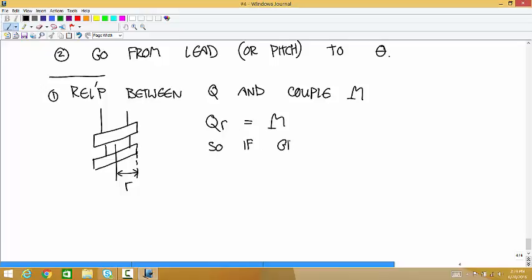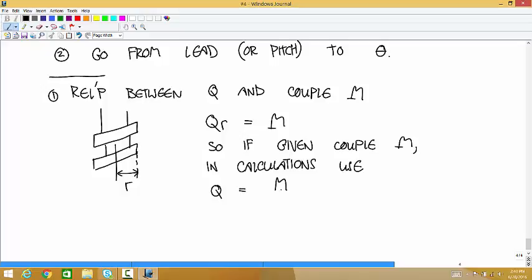So if you're given a couple M in the calculations, you can use that Q is equal to M over R.